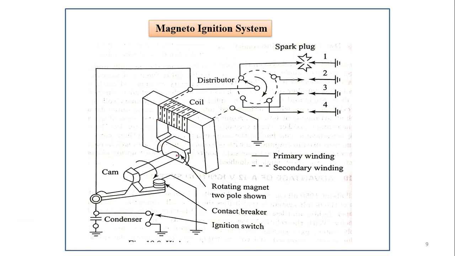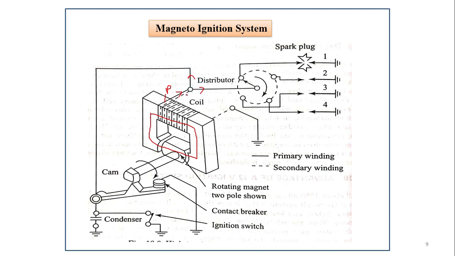As we have already discussed, when these flux lines collapse with the help of this cam, the voltage and current will be developed in this primary winding, and this current from the primary winding will pass to both these sides.